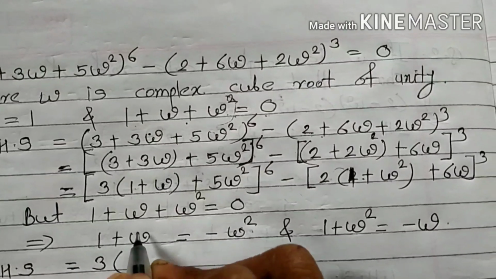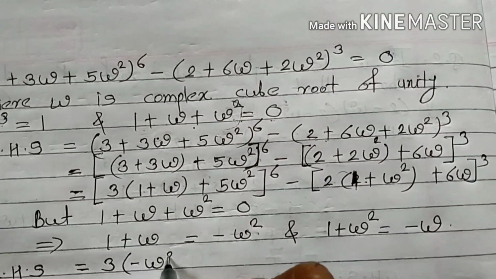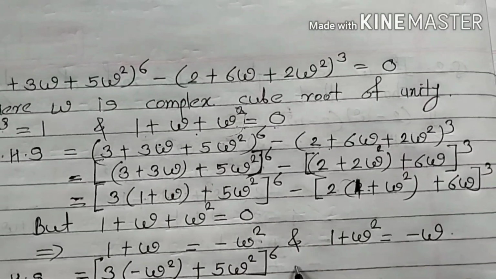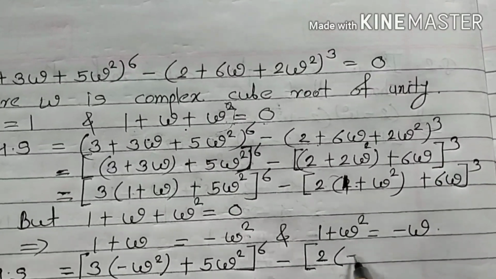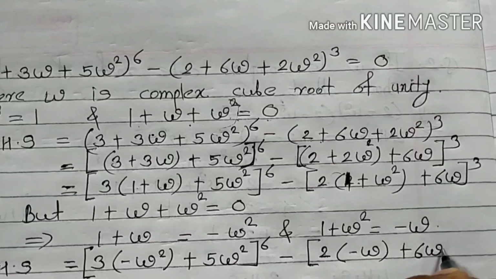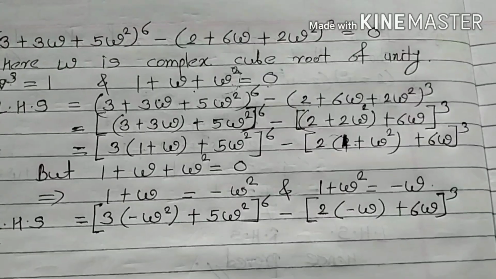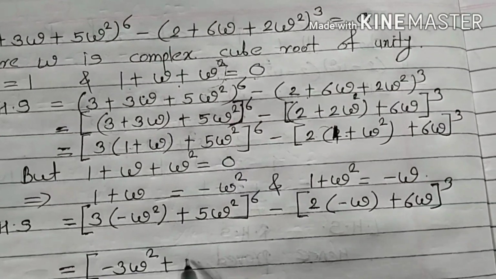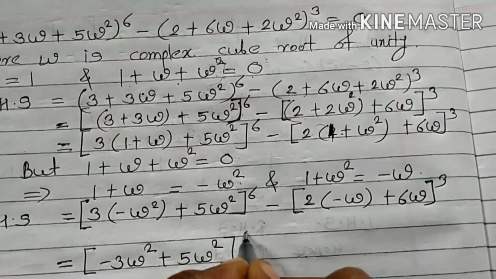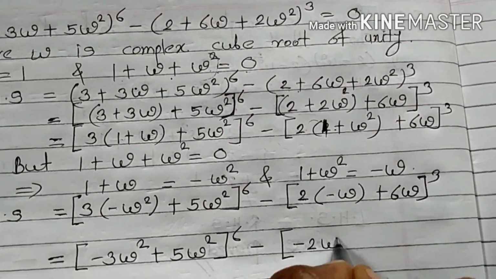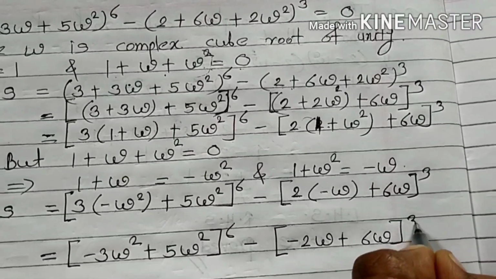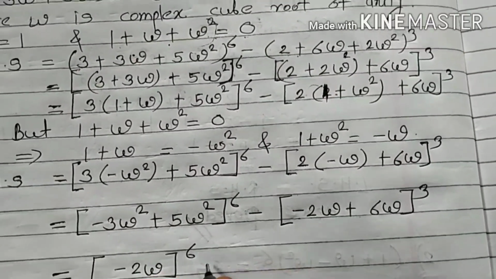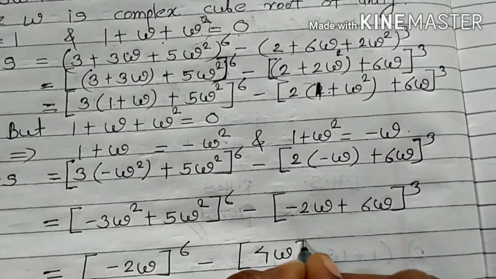So using this, LHS is equal to (3 into this 1 plus omega, this is minus omega square, plus 5 omega square) raised to 6 minus (2 into minus omega plus 6 omega) power 3, which is equal to (minus 3 omega square plus 5 omega square) raised to 6 minus (minus 2 omega plus 6 omega) power 3, which is equal to (2 omega square) raised to 6 minus (4 omega) cube.